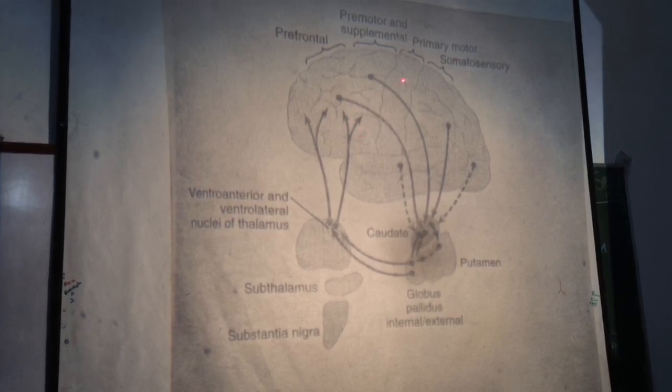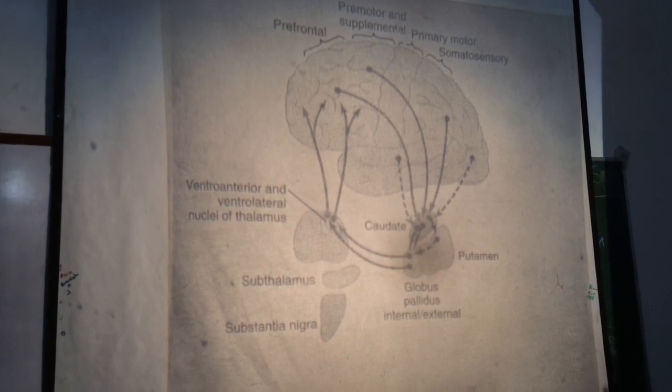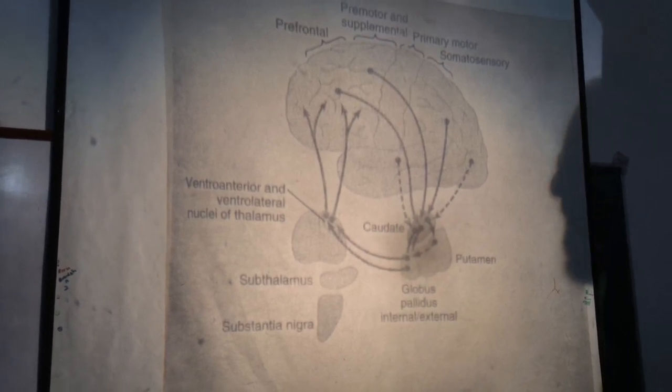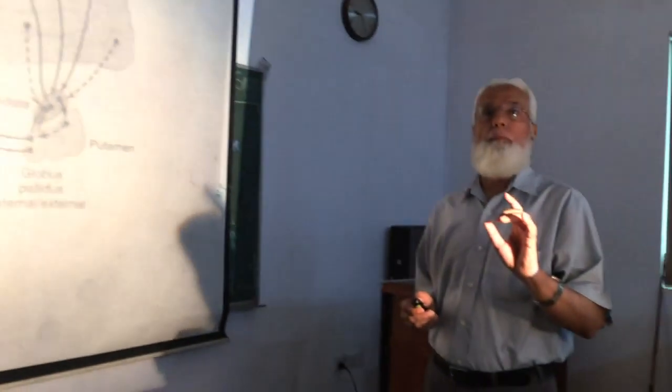No connection with the primary motor area. So this was about the connections of the basal ganglia, the putamen circuit and the caudate circuit.